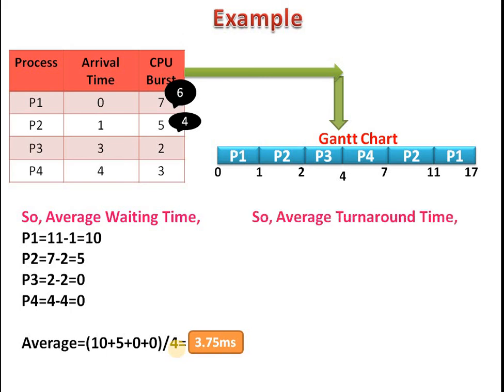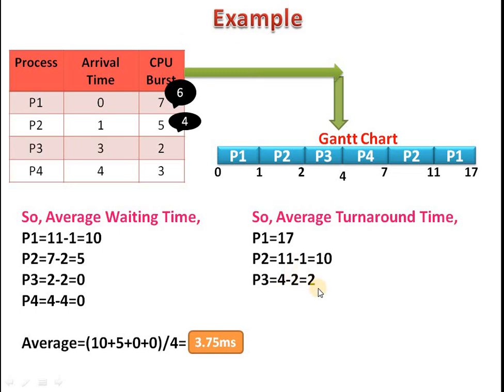Now, calculate the average turnaround time. Turnaround time of P1 is 17. Next, P2 has 11 milliseconds minus its arrival time 1. It's 11 minus 1, it's 10. Next, P3, its arrival time is 4 and the arrival time considered as 2.